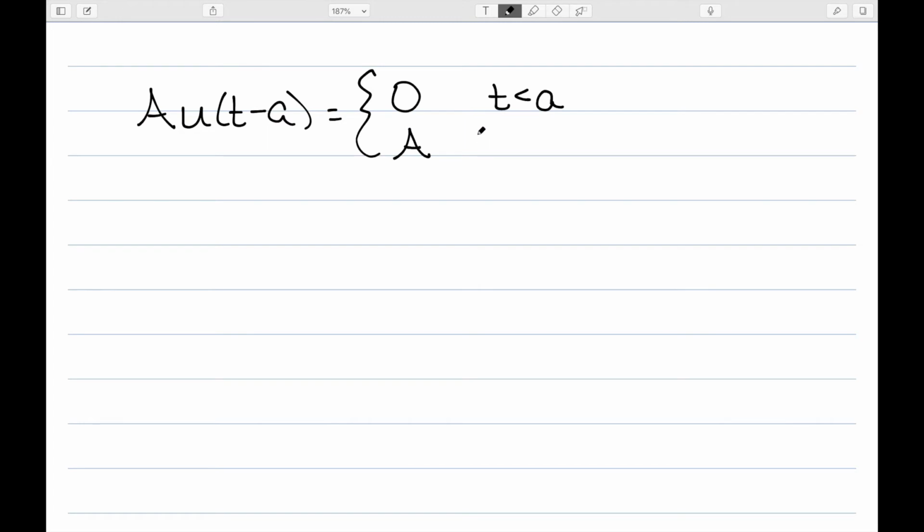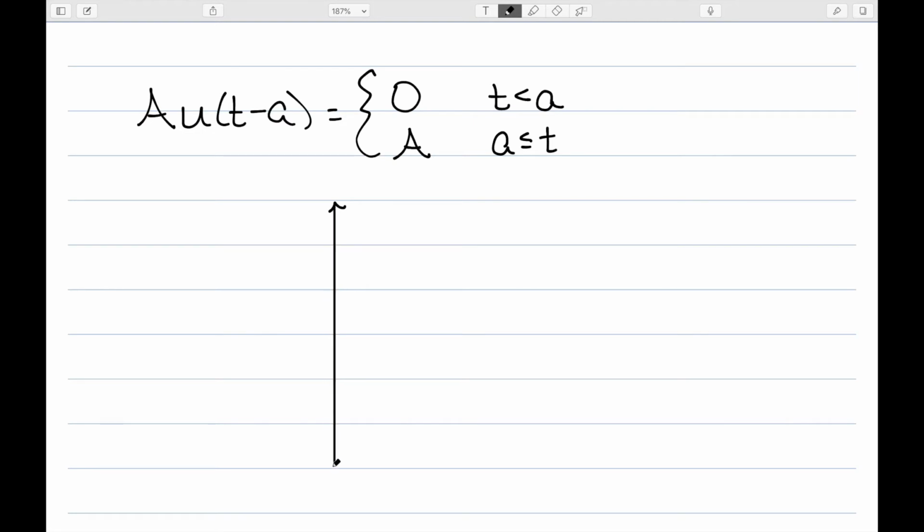The next way I want to modify this is doing capital A times u of t minus a. This will still be equal to 0 whenever t is less than my little a, but it's going to be equal to capital A if t is greater than or equal to my little a.